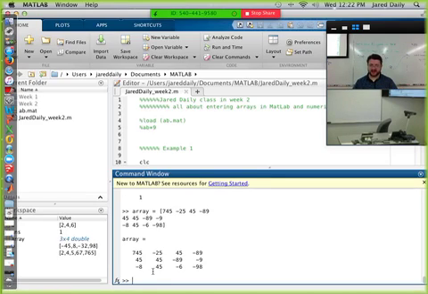I make this array and it's not necessarily obvious which numbers are positive and negative.